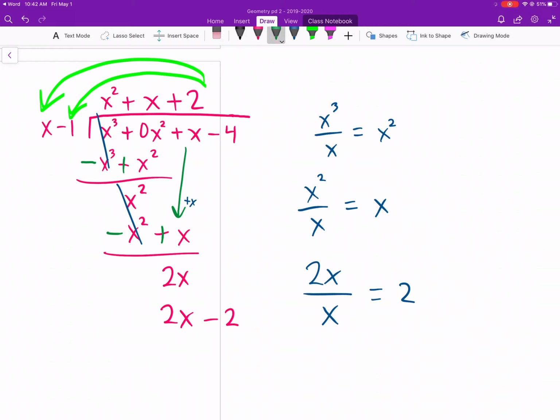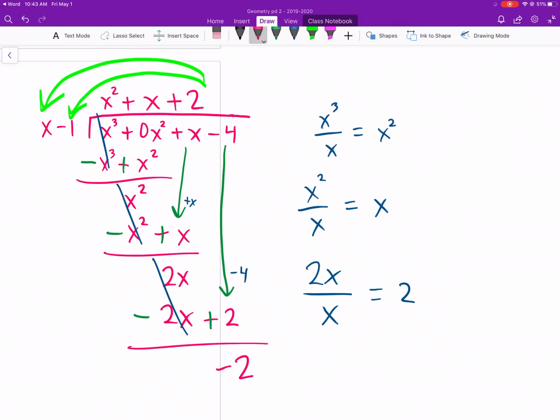So you change your signs, subtract, add. Bring down that negative 4 here. First terms always cancel. And now you have negative 4 plus 2, which is negative 2.